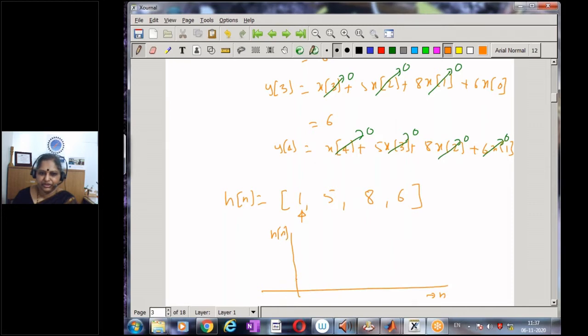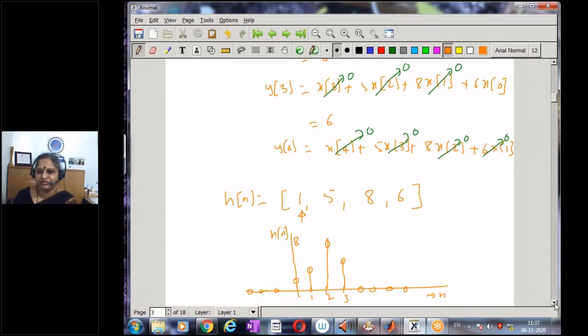For n equal to 0, it's a 1. For n equal to 1, it's a 5. For n equal to 2, it's an 8, and for n equal to 3, it's a 6. This is what I have as my impulse response.